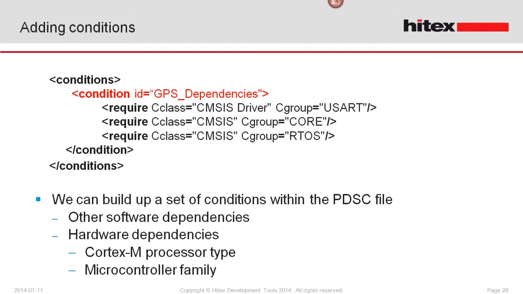So here we're creating a condition ID, and we're going to call it GPS dependencies, and we're telling it the other components that are required to make our GPS thread work. So we need a CMSIS driver, and we're using the USART driver. We need the CMSIS core specification, and we need the CMSIS RTOS specification as well.